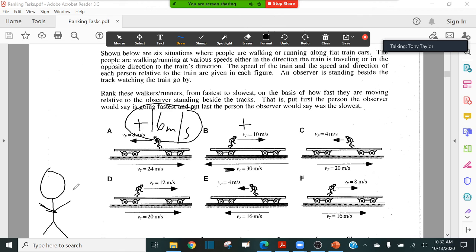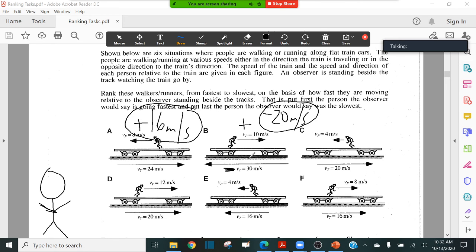You're right, Courtney, but is it a negative 20 or a positive 20? Sign matters here. A negative 20. You're exactly right. Because if you take negative 20 and you add it to positive 10, you get negative 20 meters per second.